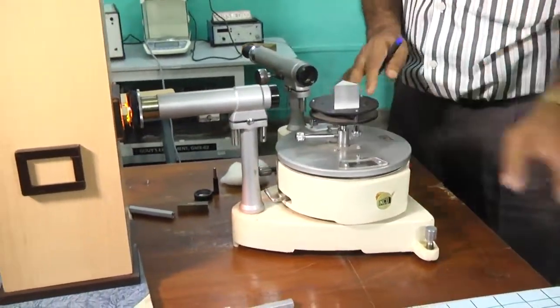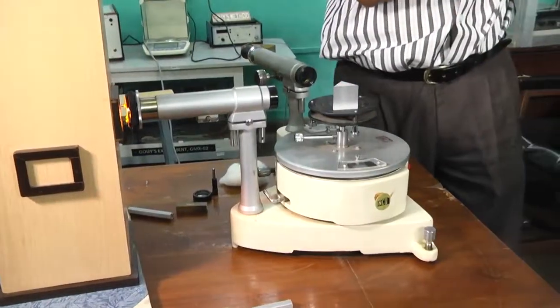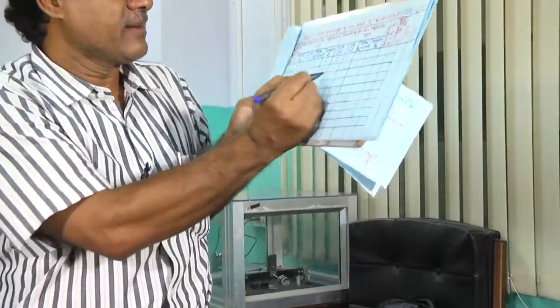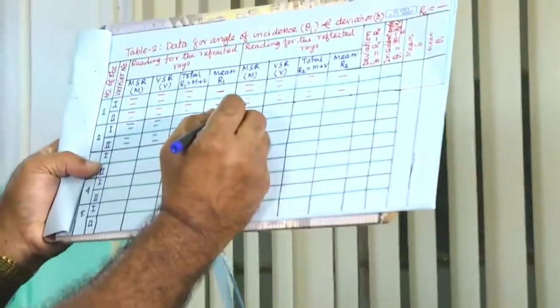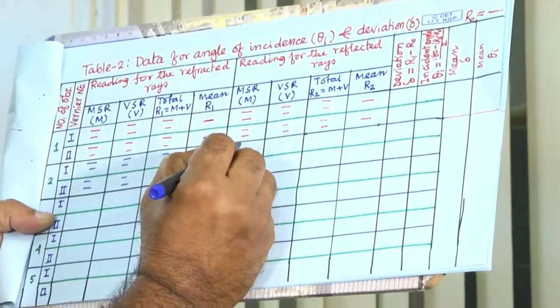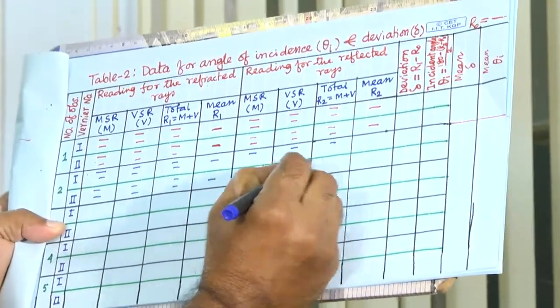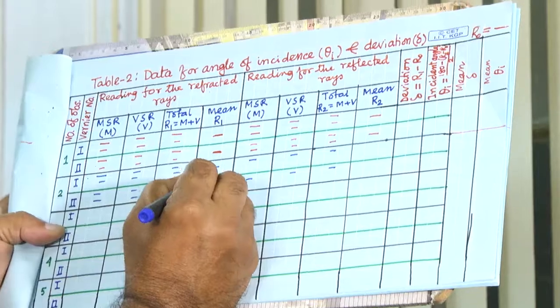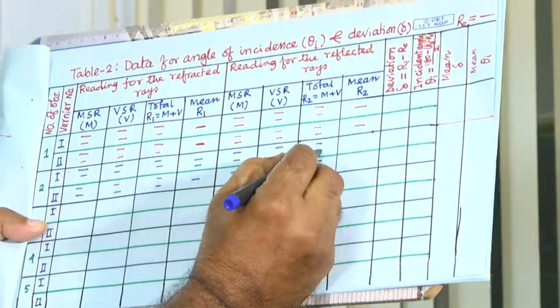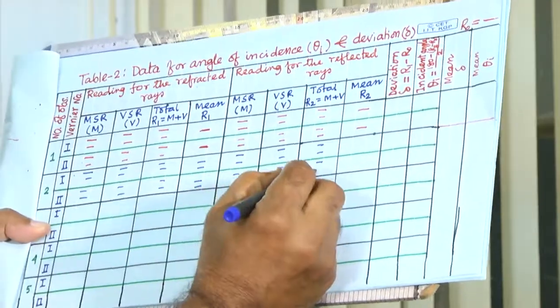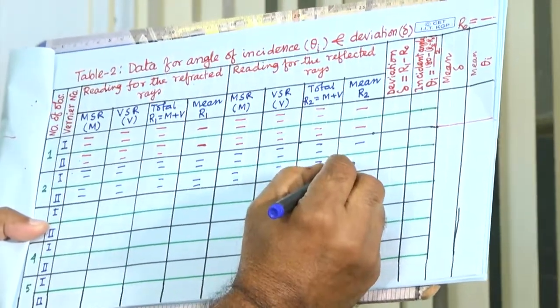Take the reading for the second incident angle, for the reflected rays. The same way, you take the reading for vernier 1 and vernier 2. Then take it a second time, and then find out the mean value.